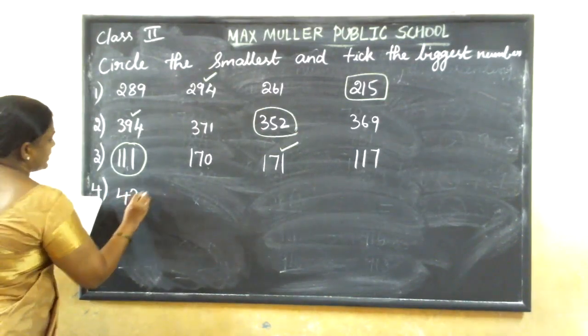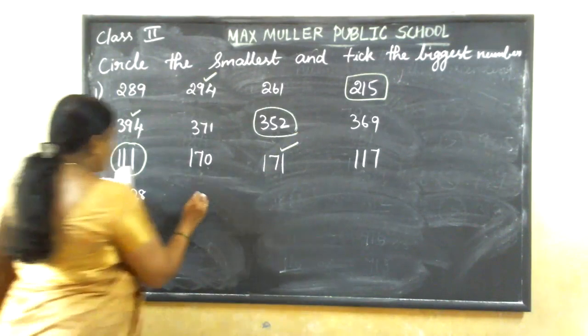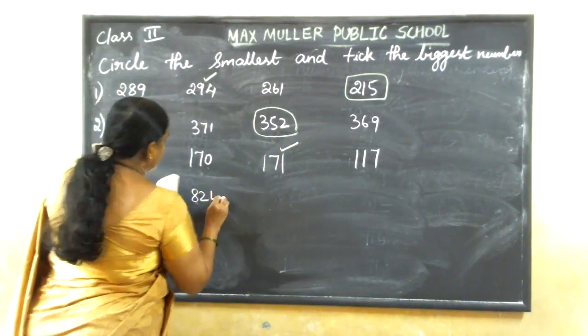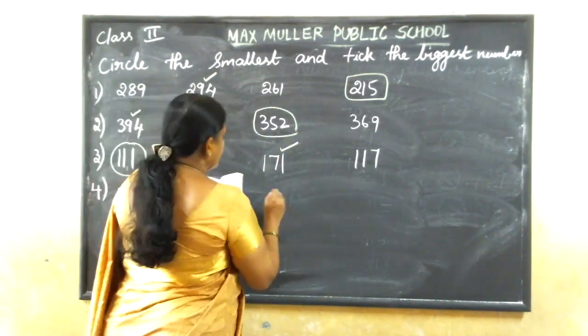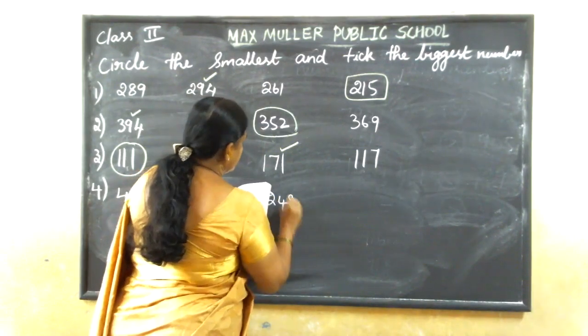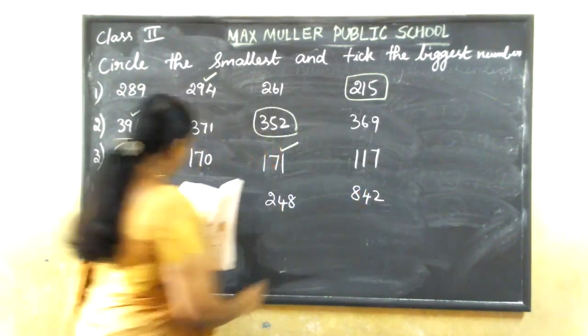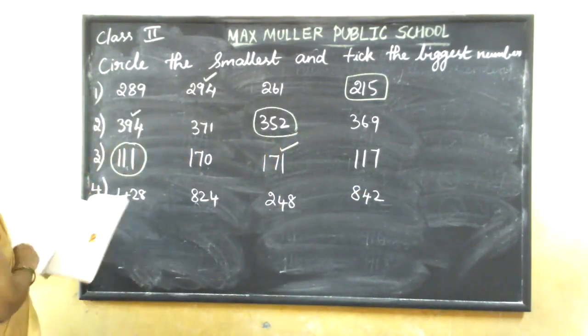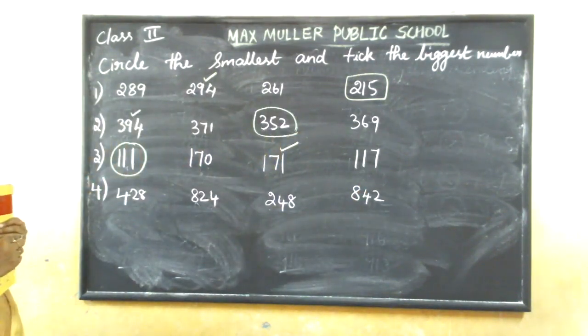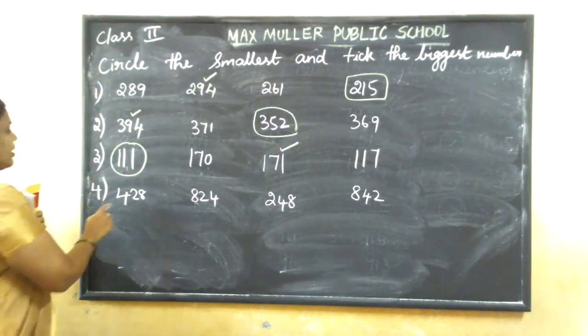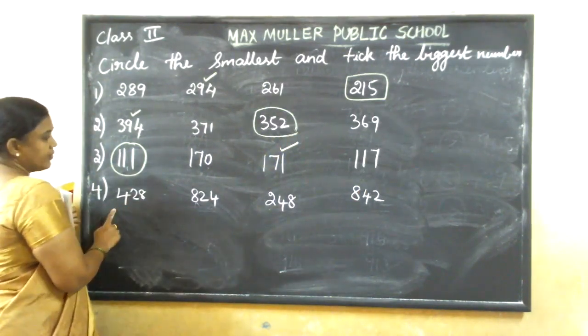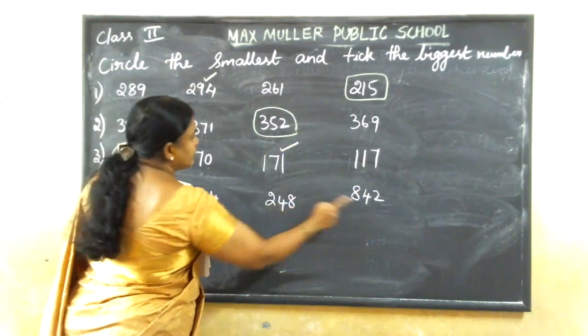428, 824, 248, 842. First you want to tick, children, for that you want to see the big number. 4, 8, 2, 8.